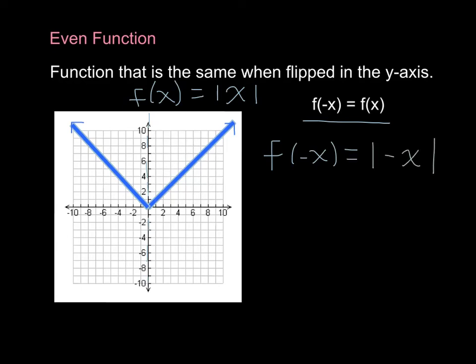But we know that the absolute value symbol means that we are going to get a positive value no matter what x is, which means the negative inside here doesn't actually matter. So this is, in fact, the same thing as the absolute value of x, which, as we can see in the definition, is f(x). So algebraically, we can also see that this example is an even function.